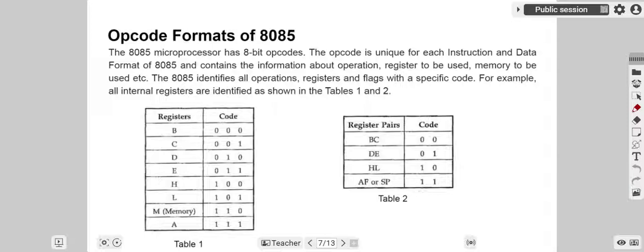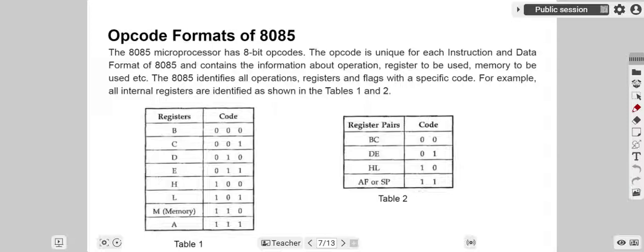In actuality, all these locations and registers are specified in terms of binary language, that is in terms of zeros and ones, which is the machine language. But for the convenience of the programmer, these are specified in terms of characters or hexadecimal digits, because in reality the microprocessor has to specify these registers using zeros and ones only.